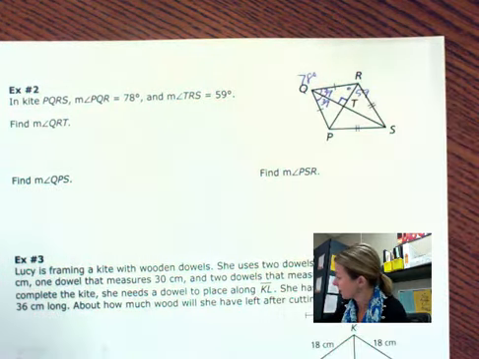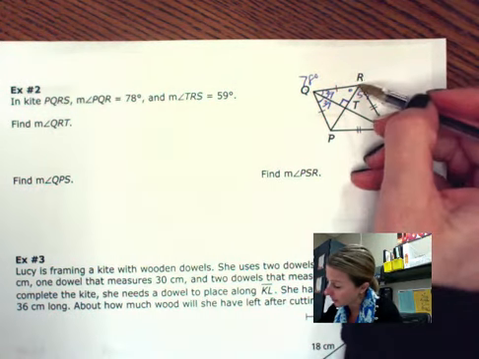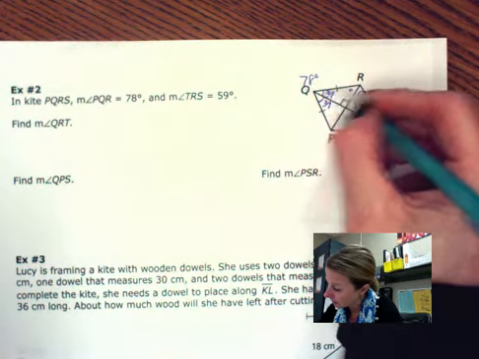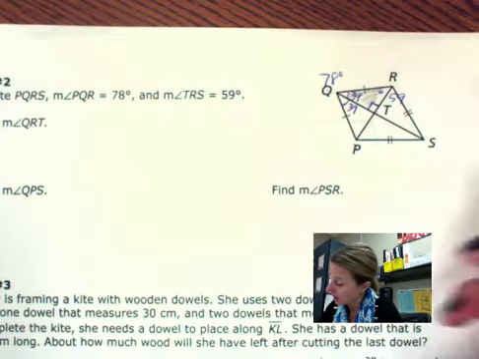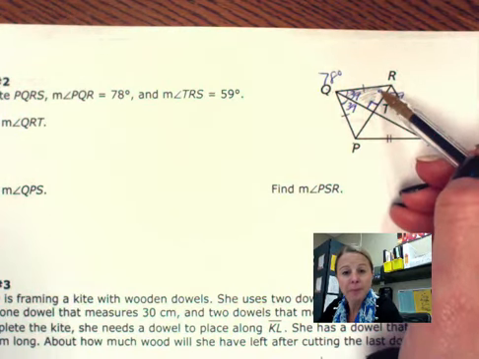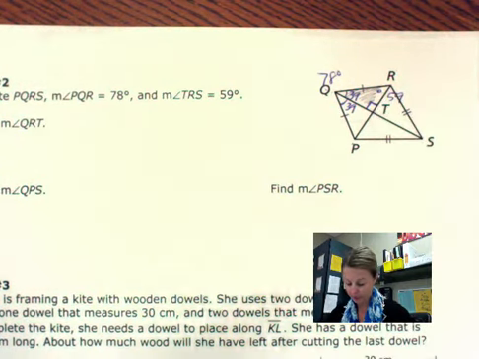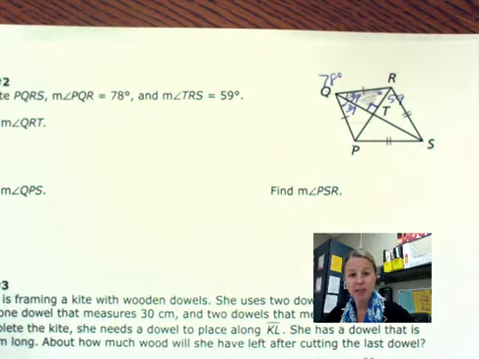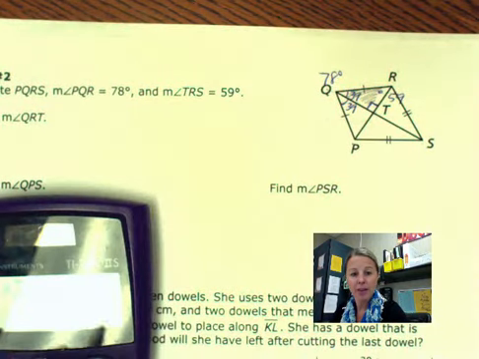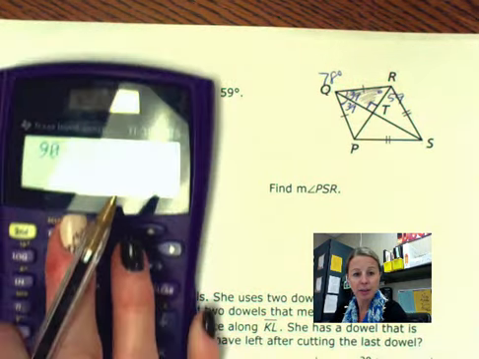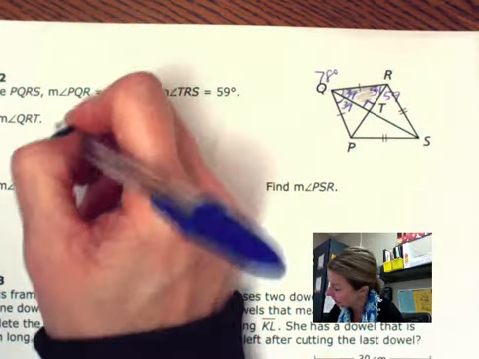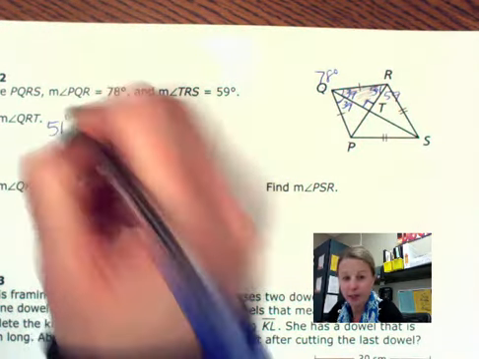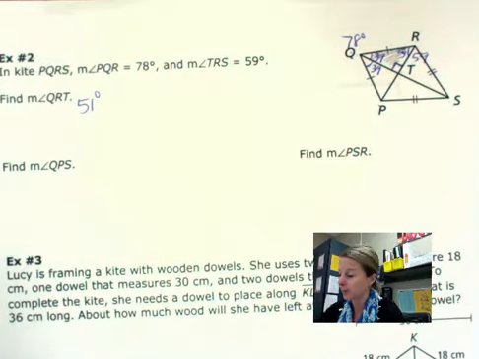Then I can focus on that triangle right there because I know that 90 degrees plus 39 plus something give me 180. So if I do 90 plus 39, I get 129. And then I can take my 129 and subtract that from 180. So that gives me 51 right there, and that is the angle that I wanted to calculate. So 51 degrees for QRT.